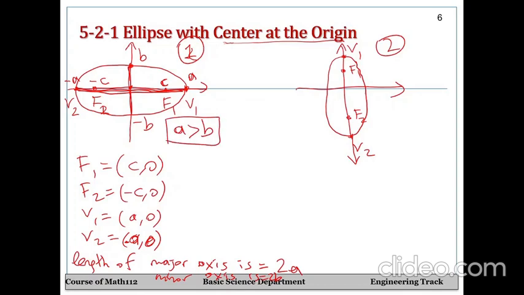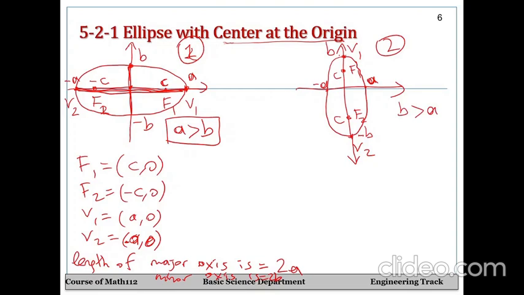But when you come to this other case here, if you put here C and here C, and this is B, and here this is minus B, and this is A, and this is minus A, then of course B is bigger than A here.